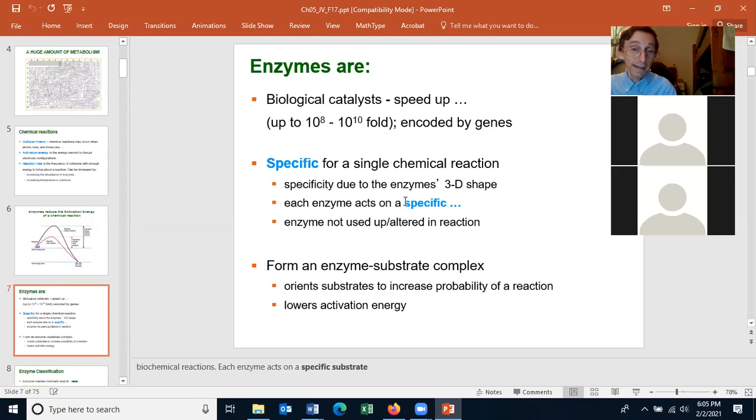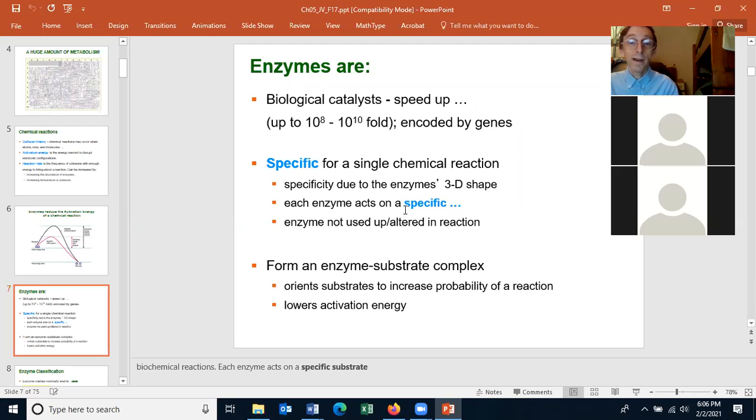The specificity of the enzyme to the substrate is because of the three-dimensional folding pattern of the enzyme. It has a region called the active site, we'll talk about it in a little bit, that's in a specific shape that binds to the substrate. And generally speaking, an enzyme will only bind to one substrate.